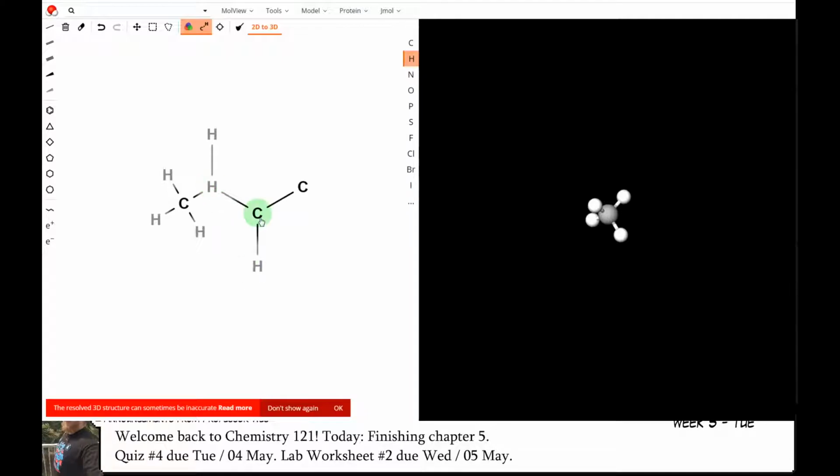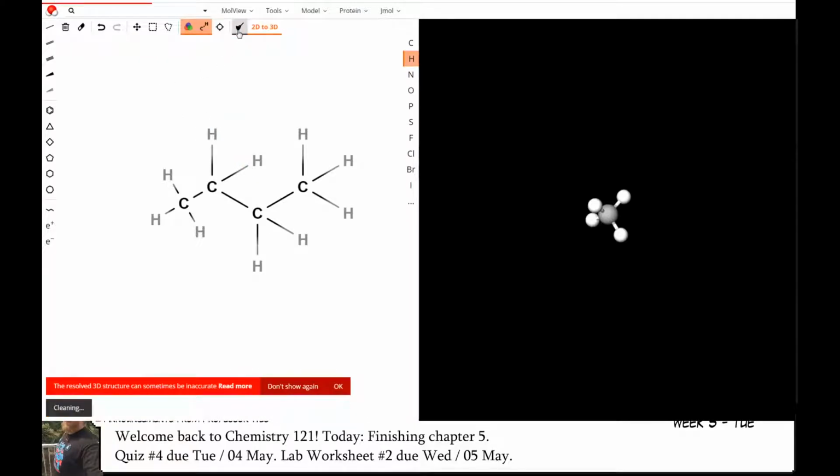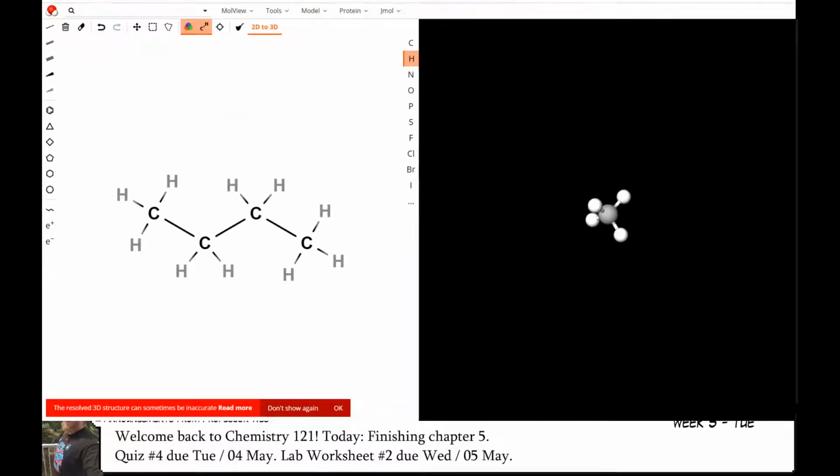Oops, that's not what I wanted. Sorry, I'm trying to make a molecule that actually exists. There we go. And then I'll neaten it up. So there's my Lewis structure. Now it's all at right angles. And then I'll do this.